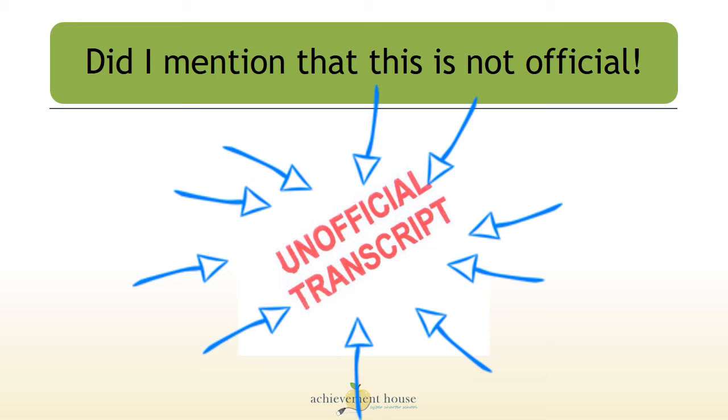So this is more of an exercise for you to see how it's done and for us to take a look at it, but this is unofficial. I think I've said that probably 50 times. But I think it'll give you a good understanding of how we look at it and help you understand what you need to do in order to graduate.